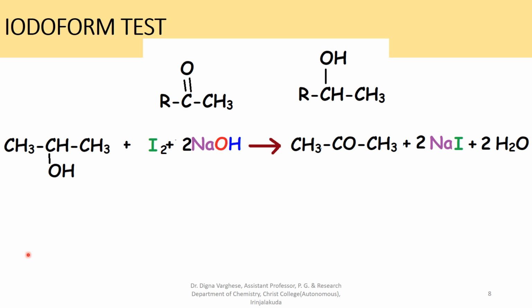Here you can see the hydroxyl group is attached to the second carbon atom of the propane. So it is 2-propanol or propan-2-ol. It reacts with iodine and alkali. It will form, that is, the secondary alcohol is oxidized to give a ketone. So acetone is formed from 2-propanol, with sodium iodide and water.